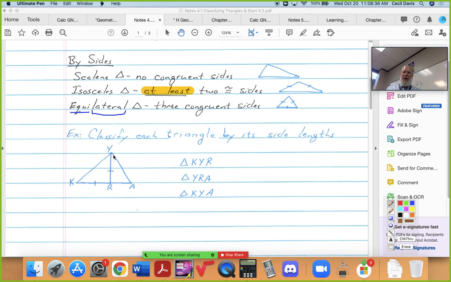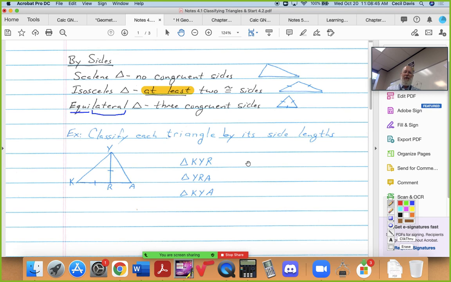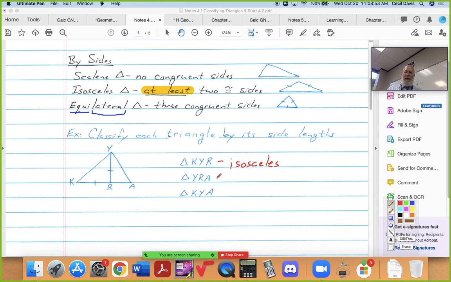If we're looking at triangle KYR, how many congruent sides does it have? Two. Therefore, it is isosceles. What about YRA?